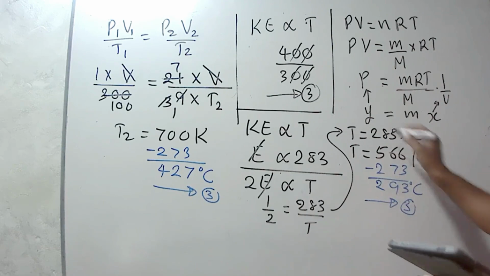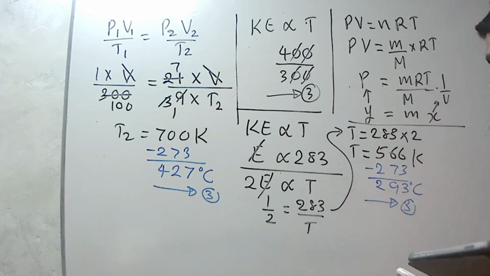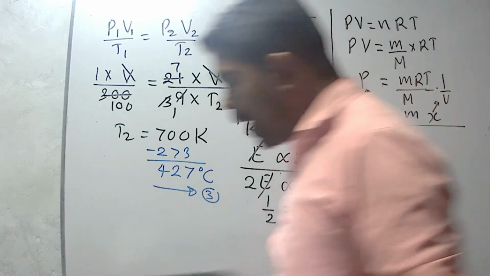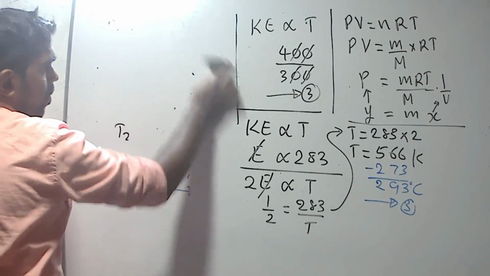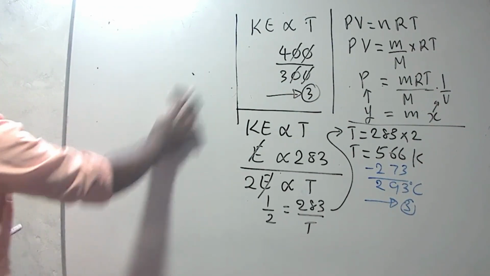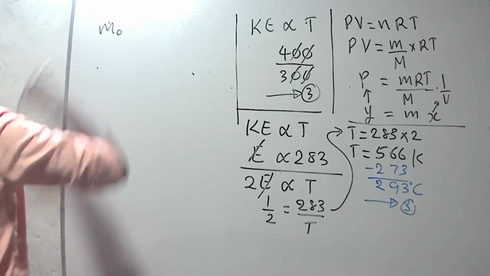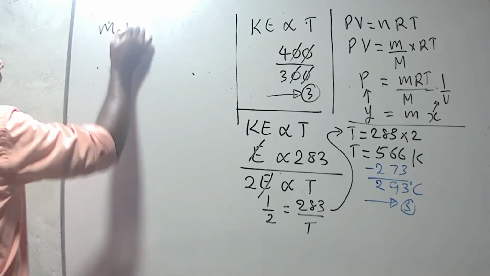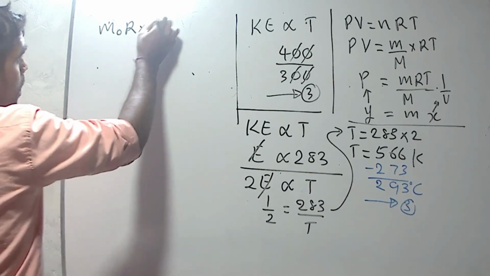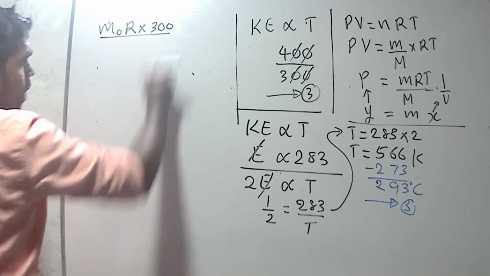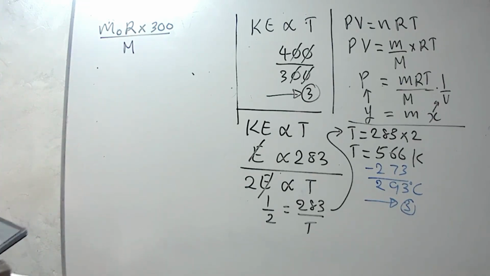Then we can compare gradient. When comparing gradient, we can get initial mass m0, which is given in the question, times R constant, initial temperature 27 degrees, which means 300 Kelvin, divided by molar mass M, which is constant for the corresponding gas.